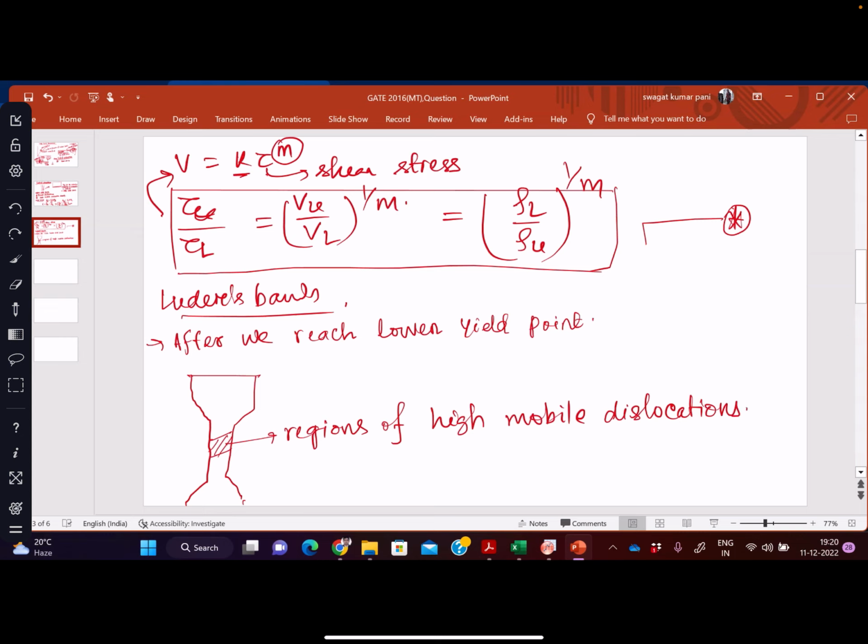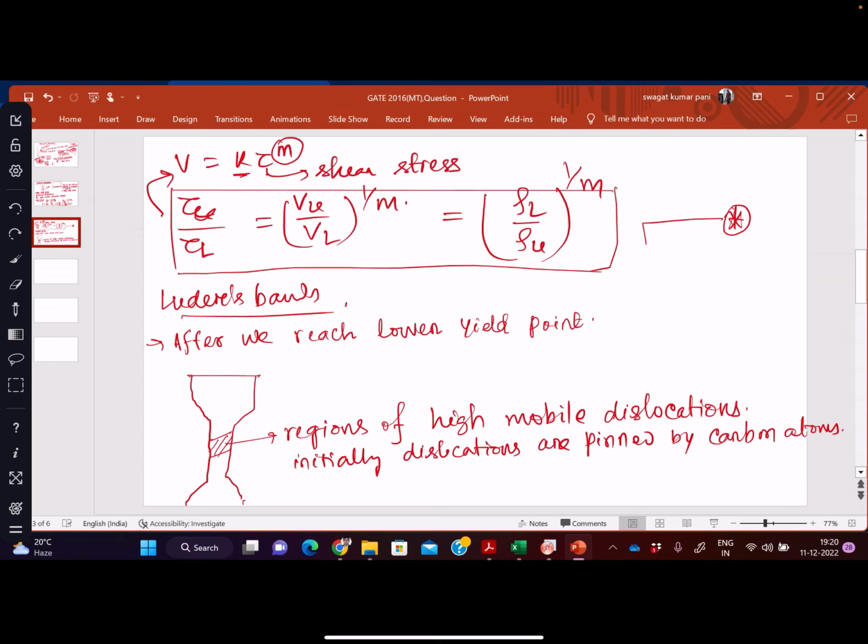Initially the dislocations are pinned by carbon atoms or nitrogen atoms, whatever. There are so many dislocations that are pinned, so the density of mobile dislocations is low initially.